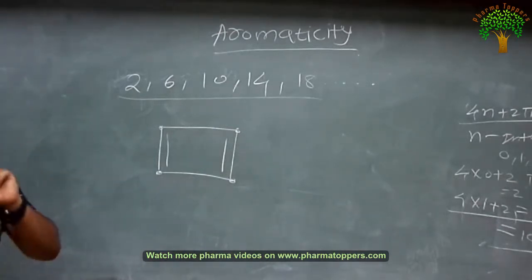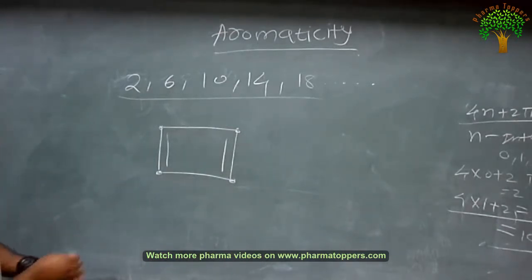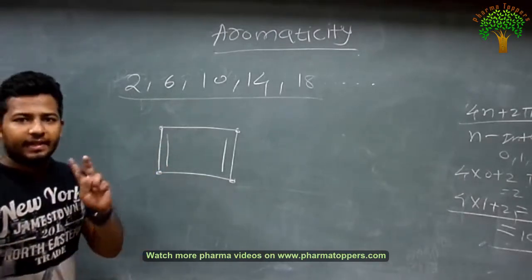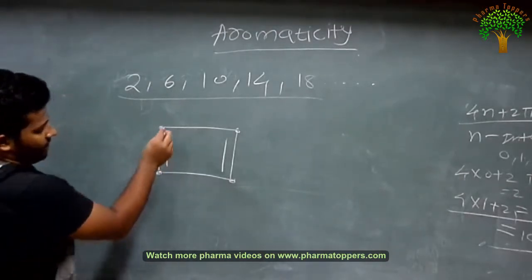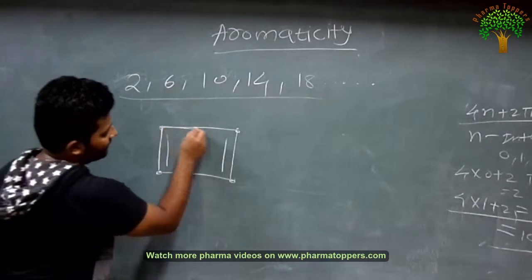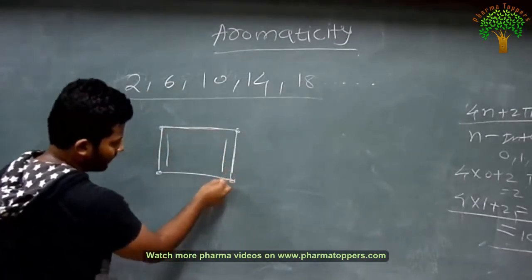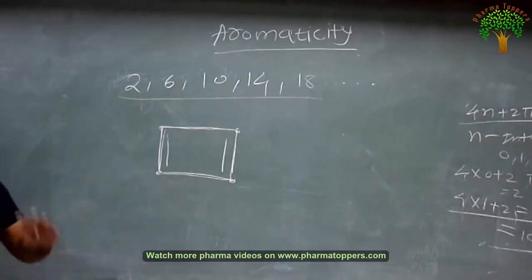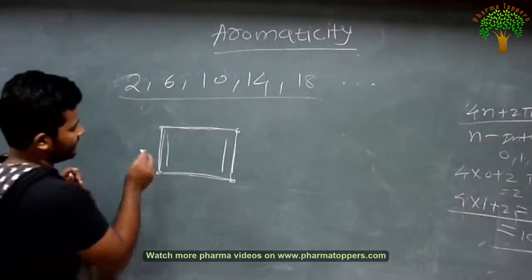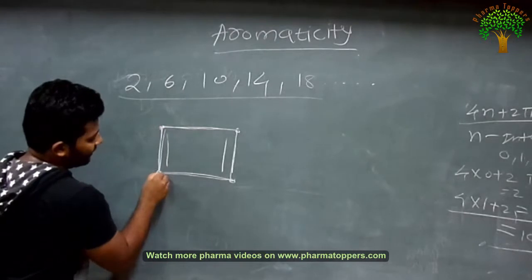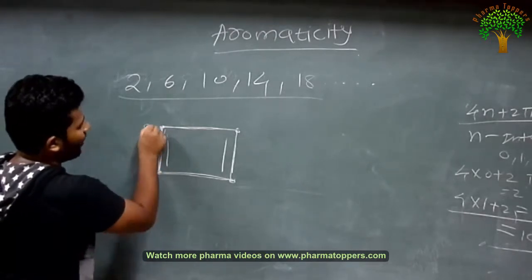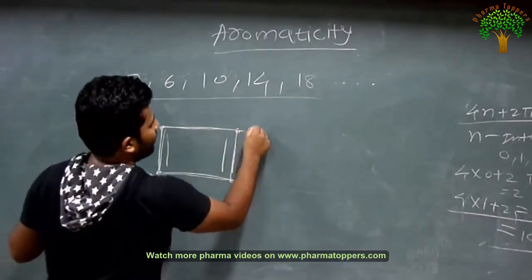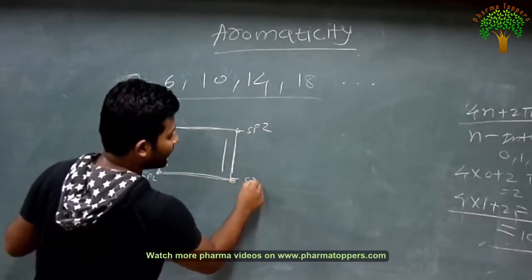There are 4 rules. First one is the cyclic structure. Yes, it is cyclic. Second rule is the presence of a conjugated system. Yes, single bond, double bond, single bond, double bond. Second rule also obeyed. Third rule is the presence of a planar structure. Yes, it is planar because each carbon is sp2 hybridized. Why is it sp2 hybridized?